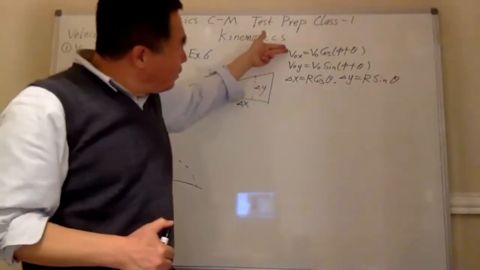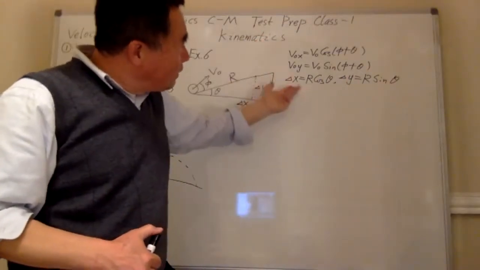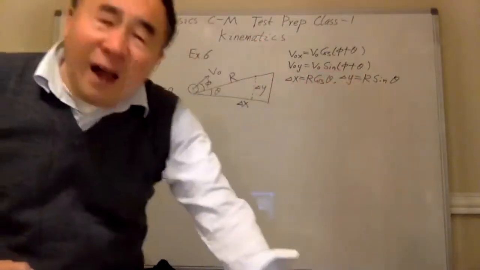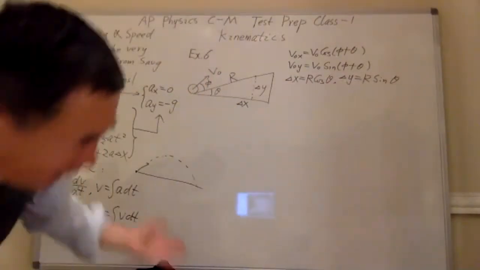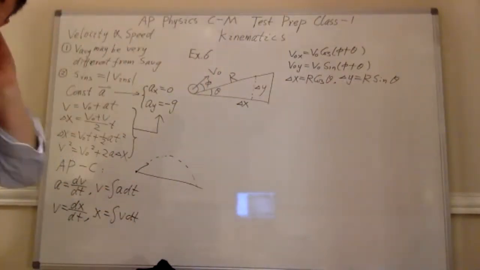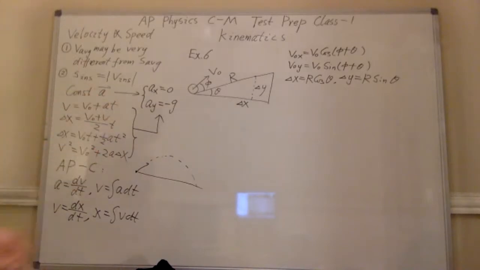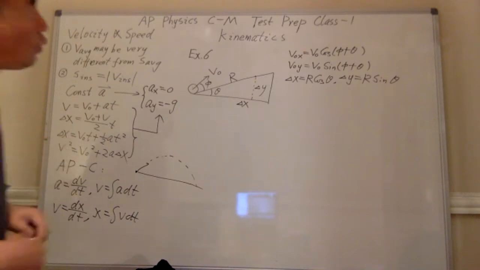We got Vx, Vy, delta x, delta y. We are done because we got all the information, so try to apply the formula. We use the third one.